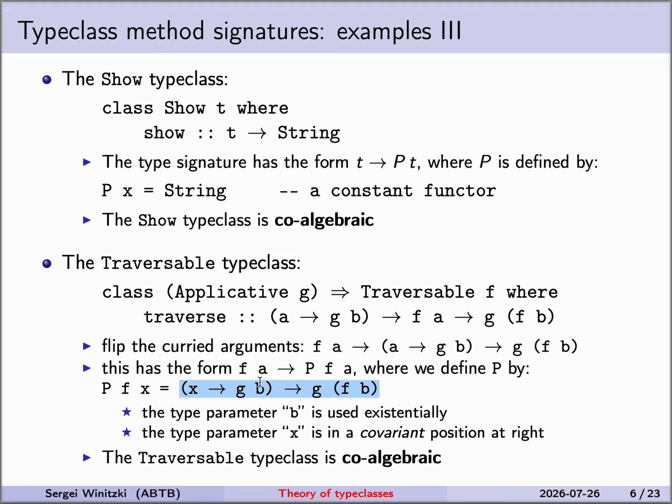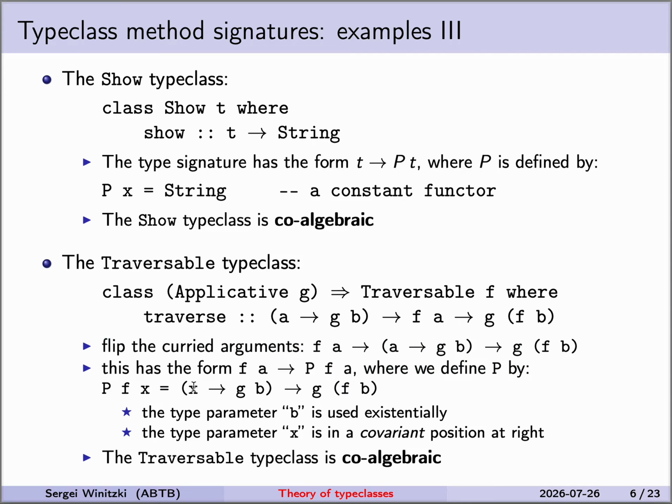Now notice that the type parameter x here is in a covariant position because it's under the arrow here, but also this function type is under a function arrow here. So this x is actually in a covariant position. And the type parameter b is used existentially. So it's similar to what happened with the functor type class. We find that we are required to use an existential type to define this form of the type class.